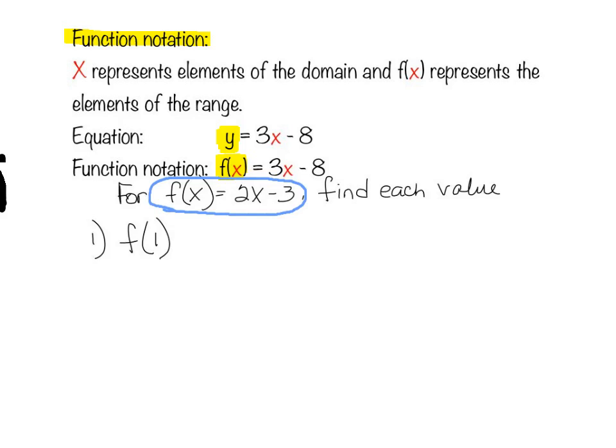So if f of x is 2x minus 3, wherever there is an x, we're going to substitute a 1. So f of 1 would be, instead of 2 times x, it would be 2 times 1 minus 3. And we're going to solve using order of operations. 2 times 1 is 2, minus 3 is negative 1. So f of 1 is negative 1.